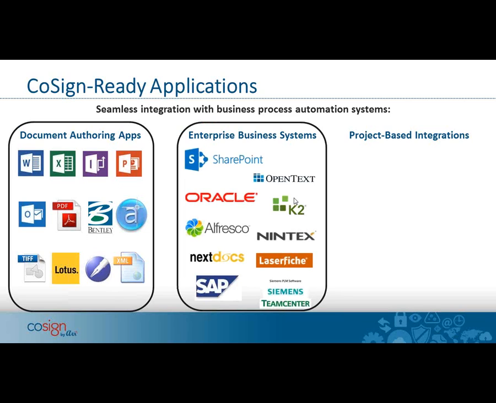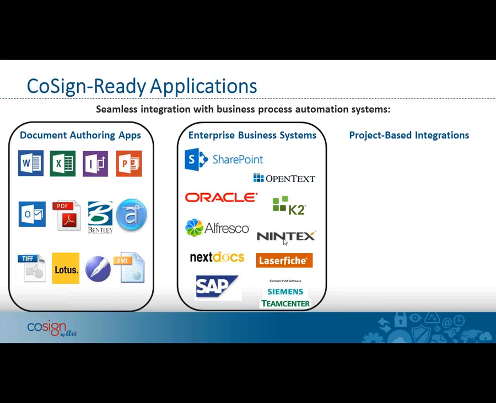For folks that have enterprise content management systems, we do have a variety of best-of-breed connectors for them so that you can be working directly within that ECM system, whether it's web-based or not, but things like SharePoint or OpenText Content Server or eDocs from OpenText. Oracle has WebCenter Content.